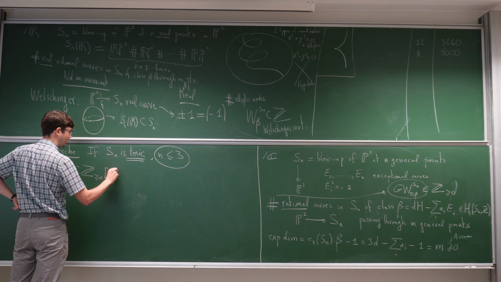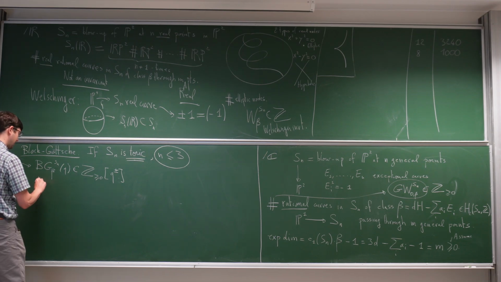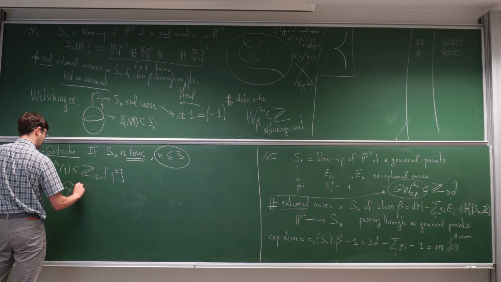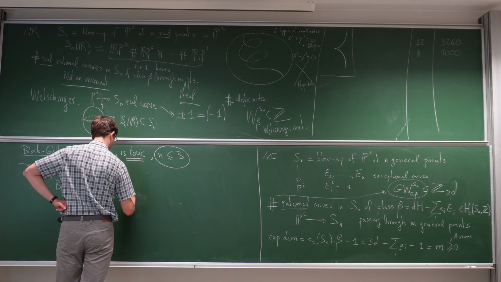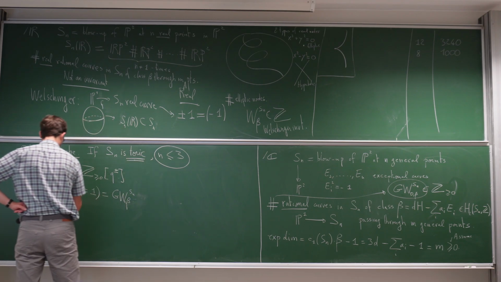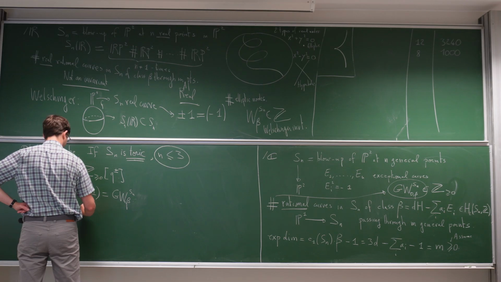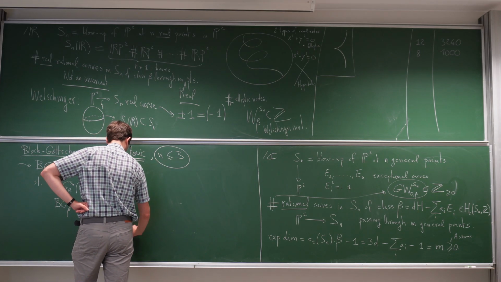Actually, it's a Laurent polynomial in the variable q, with a remarkable property: if you set q equal to 1, you get the Gromov-Witten count. And if you set q equal to minus 1, you get the Welschinger count of real curves.